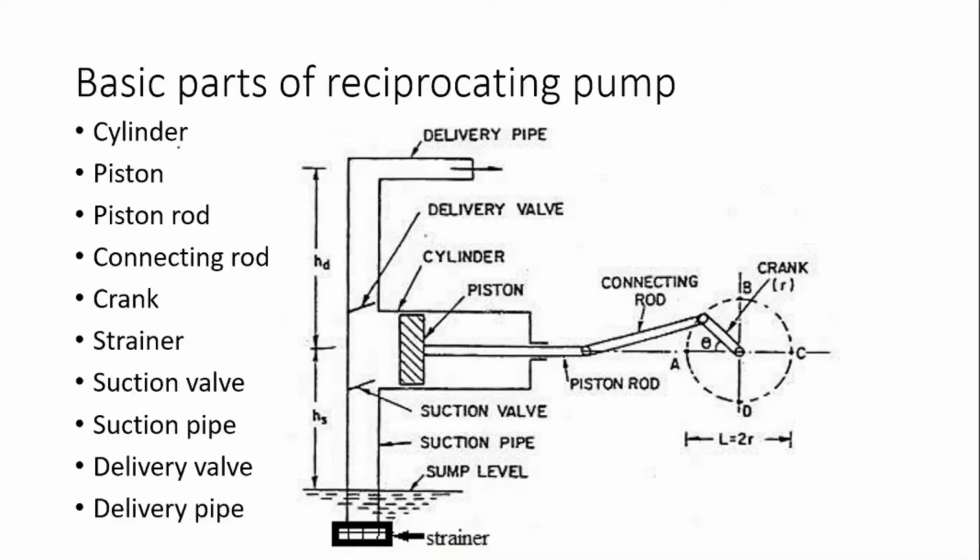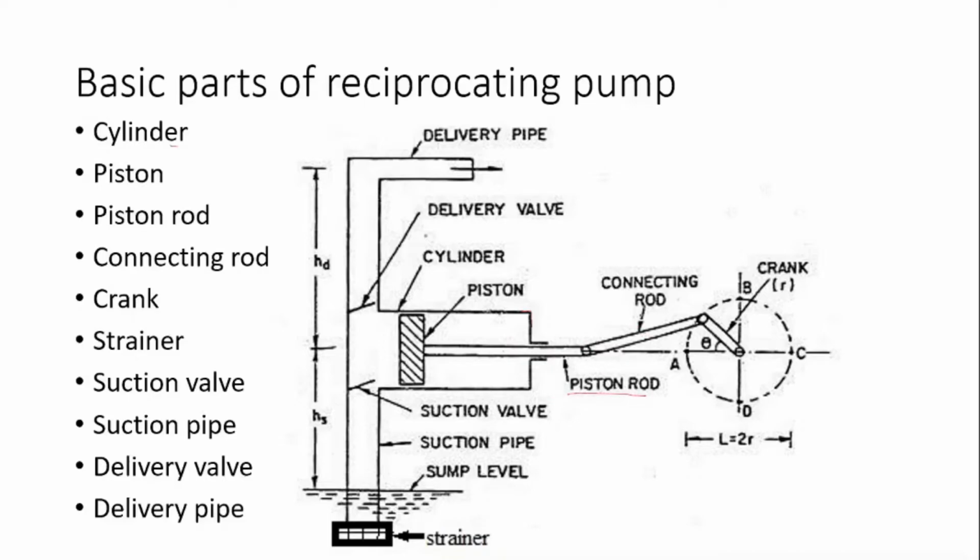First of all we have a cylinder. So here you can see the cylinder, and inside the cylinder we have a piston. This hatched portion is the piston, and then there is a piston rod. The piston rod connects the piston and the connecting rod.